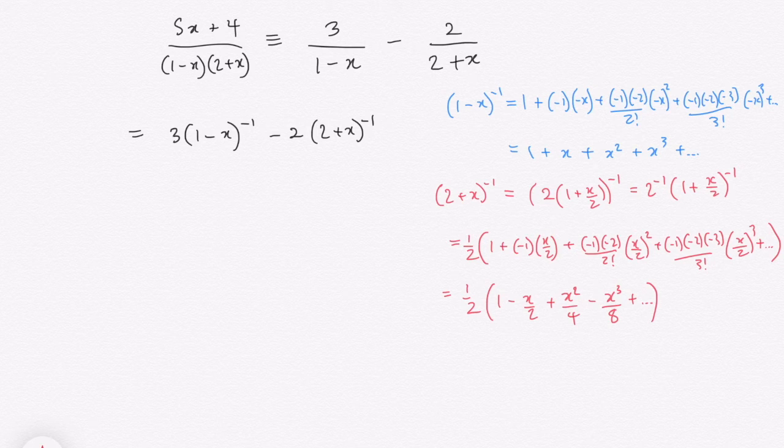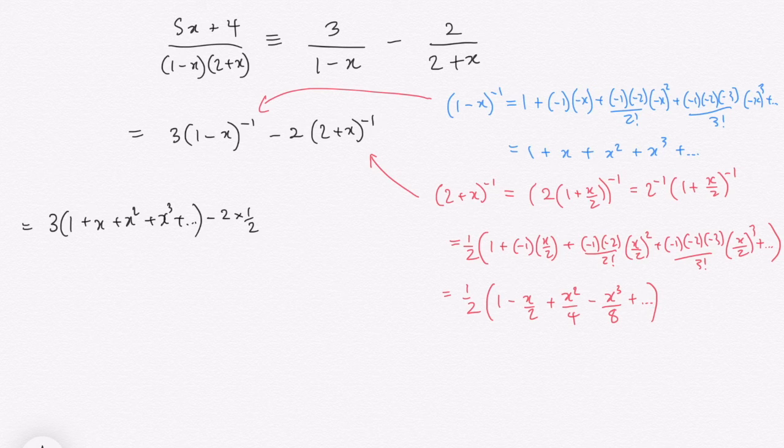So we can substitute both of these into here. What do we get? We get 3 lots of 1 plus x plus x squared plus x cubed plus higher order terms, subtract 2 lots of a half of 1 minus x over 2 plus x squared over 4 minus x cubed over 8.